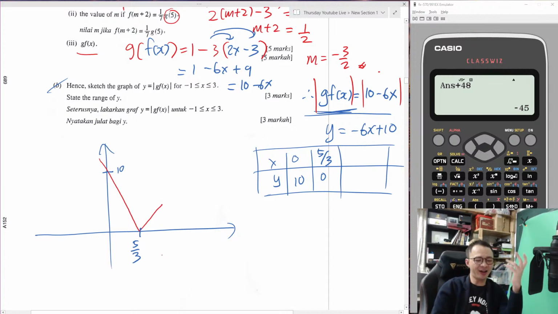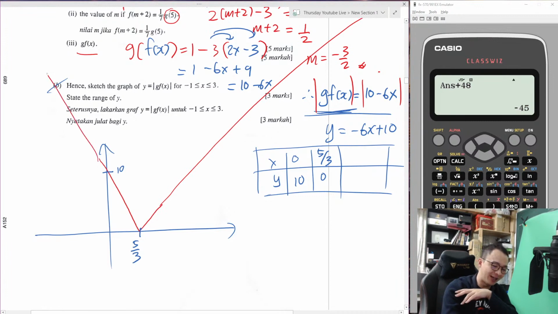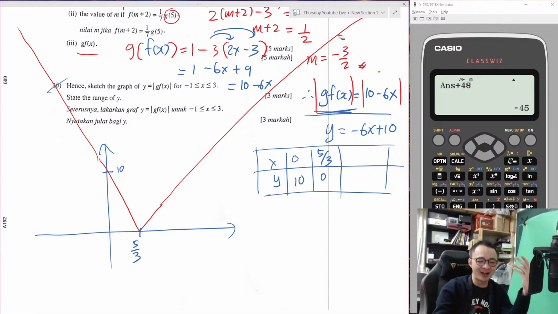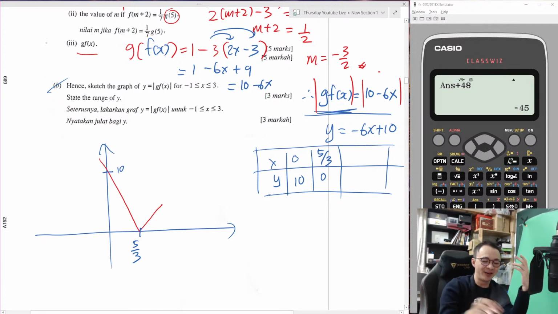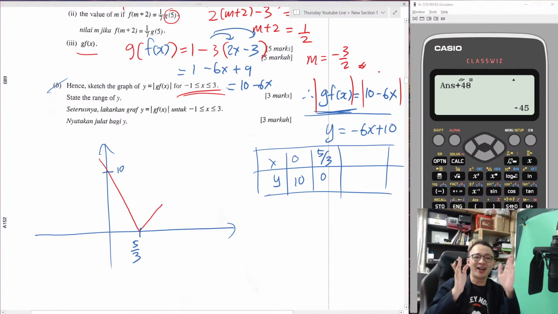Okay, then we have a problem here. Because for any equation, we should start from negative infinity all the way to positive infinity. So we can draw this as long as we want, until the whole paper is used. This is the reason why they will give you a domain. What's the purpose of the domain here? To limit your graph to a certain range.